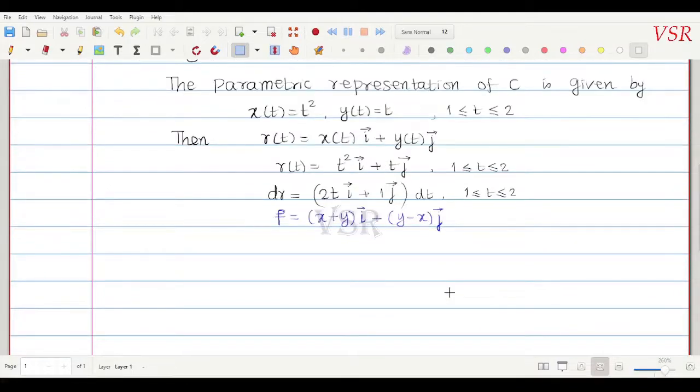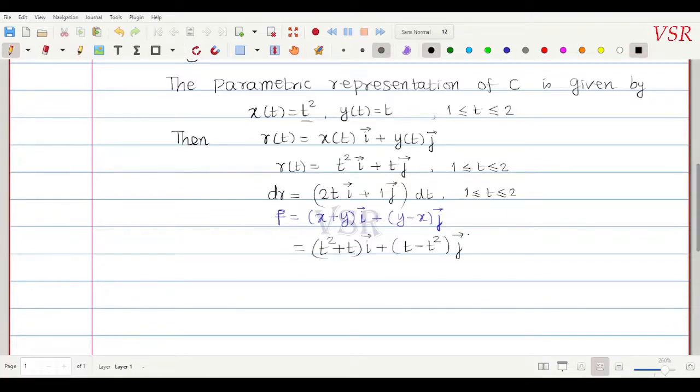Now I substitute t square for x and t for y. So this is t square plus t into i vector plus t minus t square into j vector.